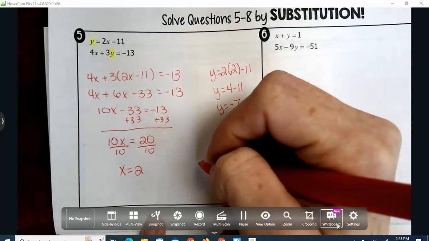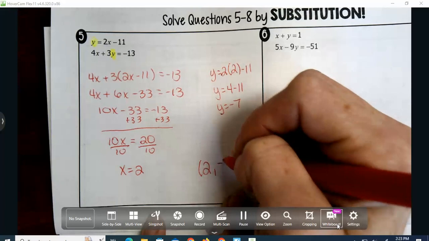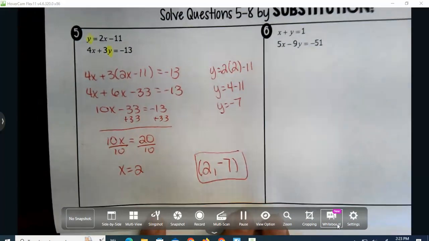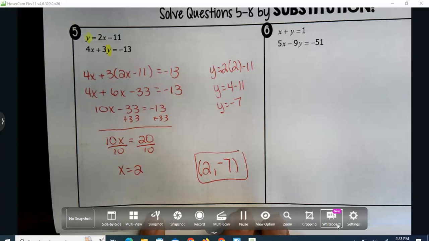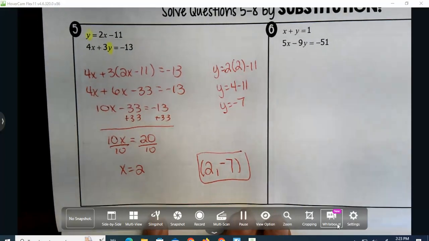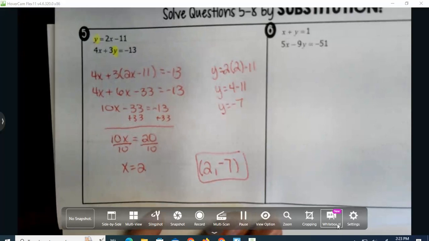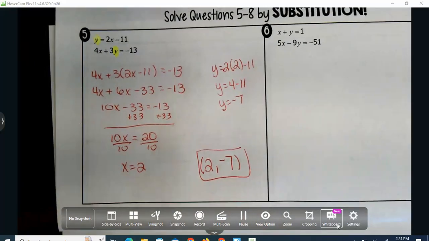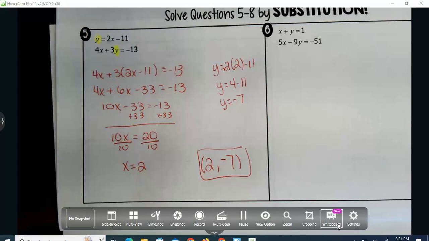So our answer, make sure you're writing that ordered pair, and also please make sure the x is first. Still have a couple people that are flipping the x and y when they write their ordered pairs. Any questions on substitution?